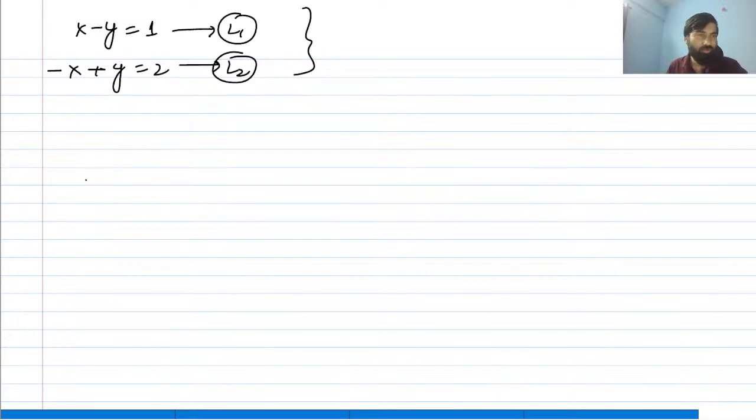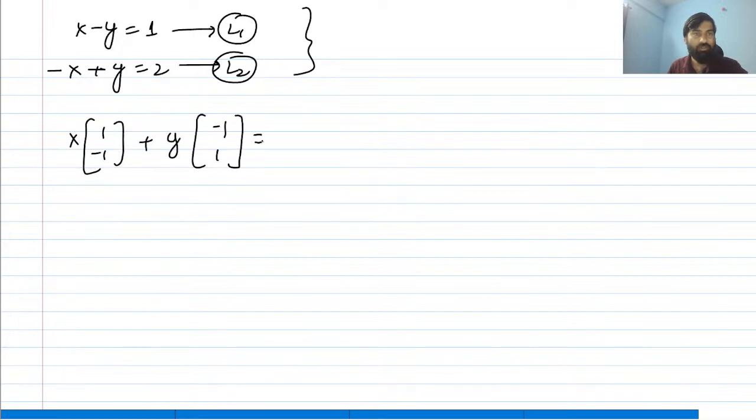You can write this in terms of vectors: x times (1, minus 1) plus y times (minus 1, 1), and you have to get (1, 2), but it is impossible. Can somebody tell me how these two column vectors are different from each other?